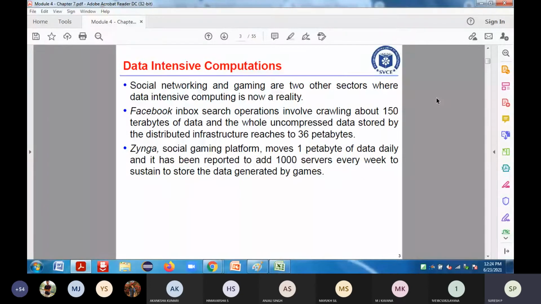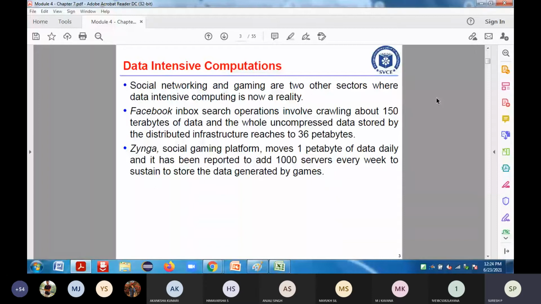Now, when you talk about terabytes, it is 2 to the 40th power, or 10 to the 12th power, which equals approximately a trillion bytes. A terabyte is approximately 1000 gigabytes. So 1 TB, and here we are talking about 150 TB.